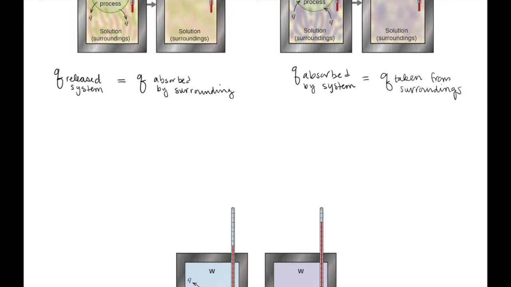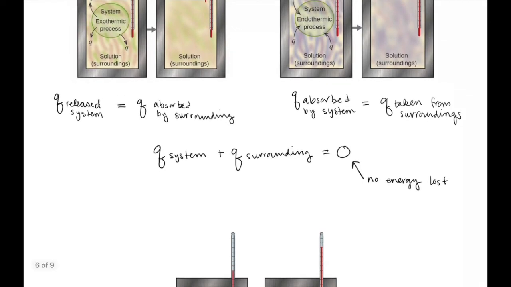So if I start to consider this mathematically, what this is going to mean is that the energy change that we see in the system plus the energy change that we see in the surroundings, as long as this is happening in a calorimeter, we say that that's equal to 0. And what this 0 means is that there's no energy lost beyond the walls of the calorimeter, or no energy lost even into the walls of the calorimeter, right?